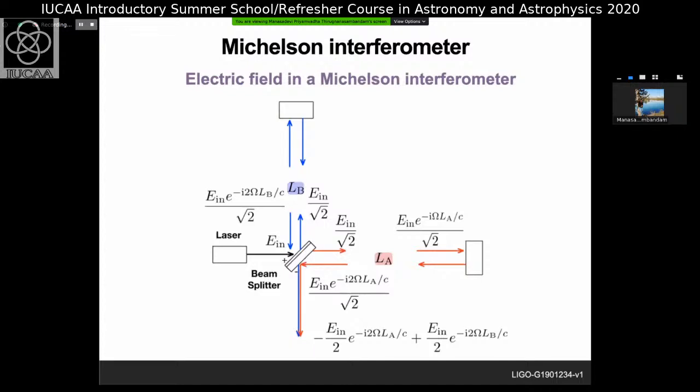You have the input electric field E_in, which traverses along both the arms, comes back, and then recombines. What you see here is that the output is a combination of the electric fields that come back to the photodetector.